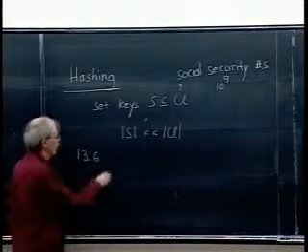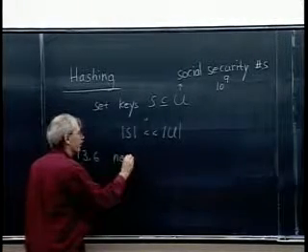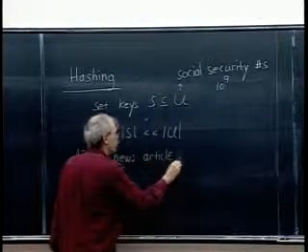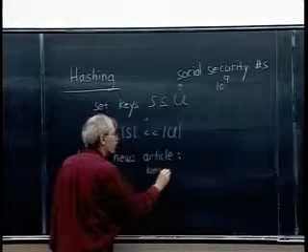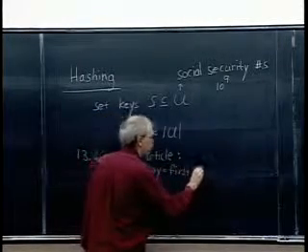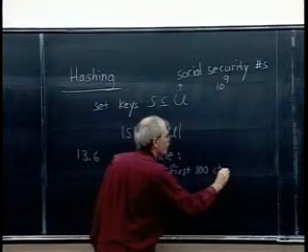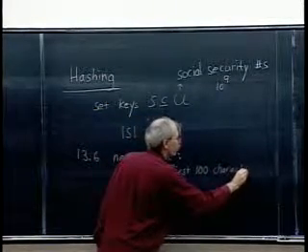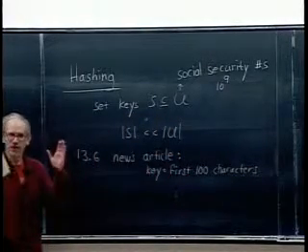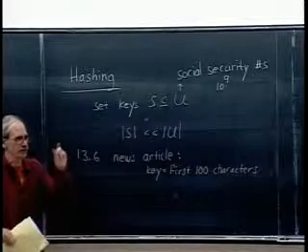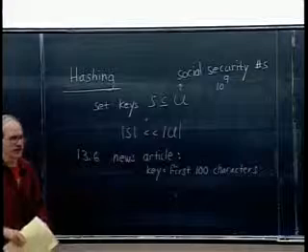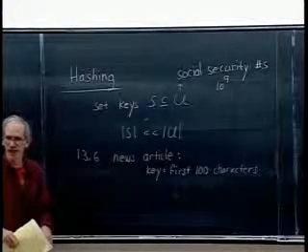And in this case, for the news article setting, they use as their key the first 100 characters. So you take the first 100 characters of the news article and you use that as a key, and you at least hope that if two news articles have the same first 100 characters, they're the same.